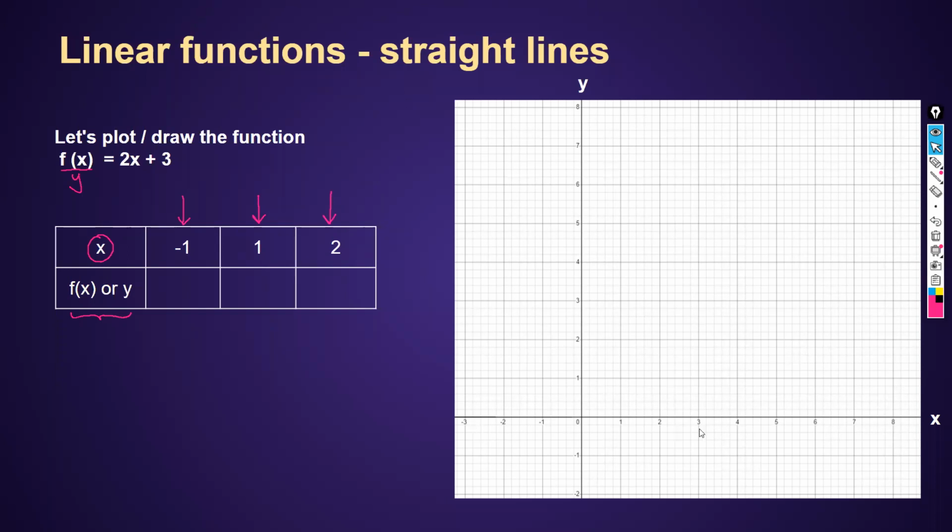When you have your graph, you notice my graph goes from where? -3 all the way to +8. So in the exam, you see how I filled out the -1, the 1 and 2? Most likely the examiner is not going to do that. It will be up to you to choose 3 values. So I know what you all are thinking already.